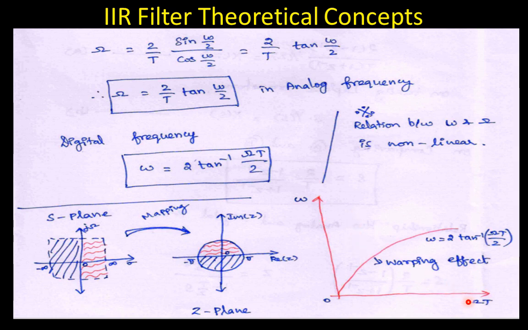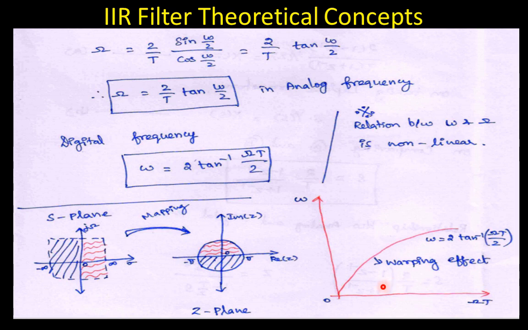Whenever you convert a filter from analog domain to digital domain, if we had a linear relationship between both frequencies, stability might not play an active role. But since you have a non-linear relationship between analog and digital frequency, there is a problem, a drawback actually. We call this process the warping effect.